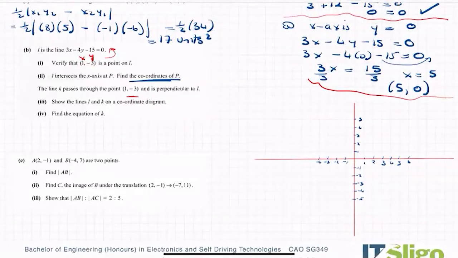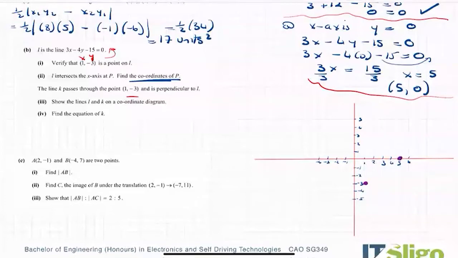So there's 1 across and down to -3, that point there. And the other point I had on L is where it intersects the x-axis at P. So (5, 0) must be on that line as well.